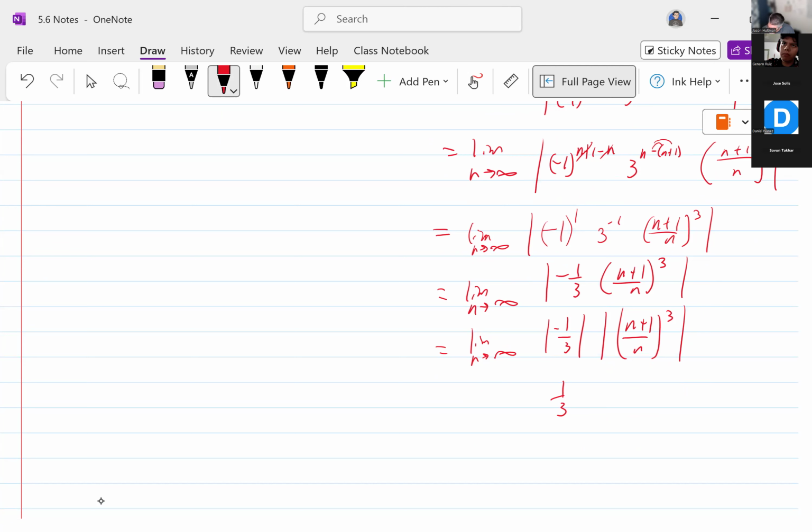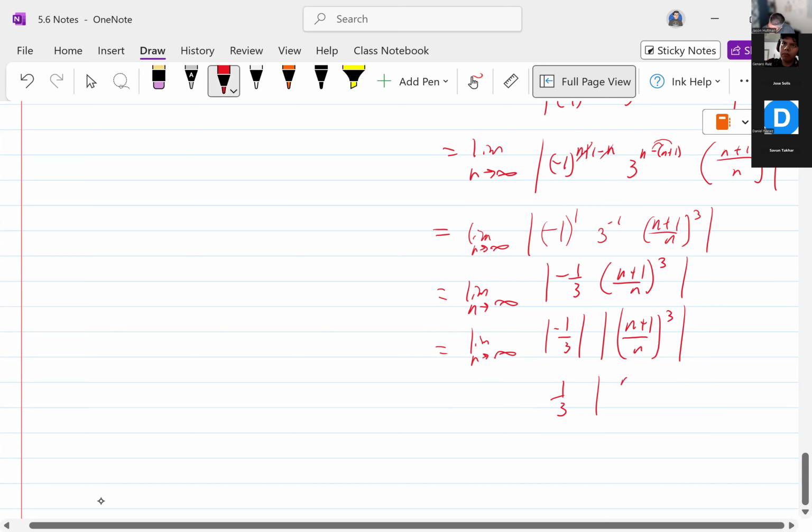And what I'll get is n plus 1 over n all over n. We can really remove the absolute values if we want to, but I won't do it just yet. Cubed. So this becomes 1 plus 1 over n over 1. Cubed. Absolute value 1/3.